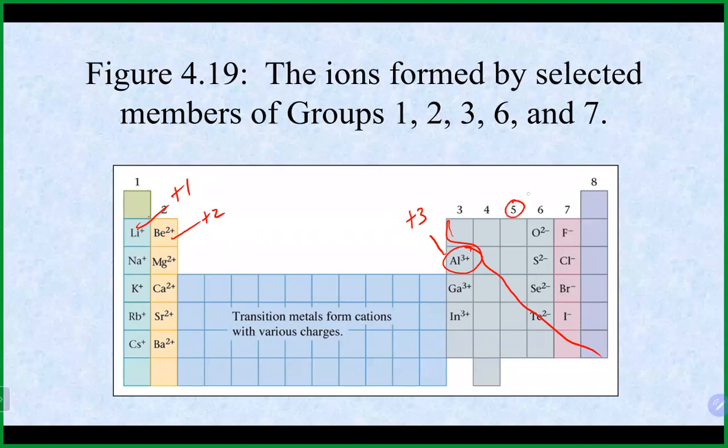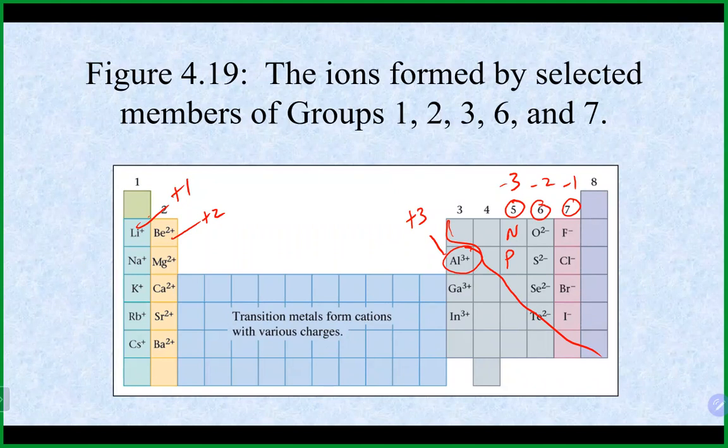Starting at group 5 actually has a -3 charge for the non-metals like nitrogen and phosphorus. Group 6 has a -2 charge. Group 7 has a -1 charge. So it's kind of like +1, +2, +3, skip, -3, -2, -1, so up to 3 and then back down.